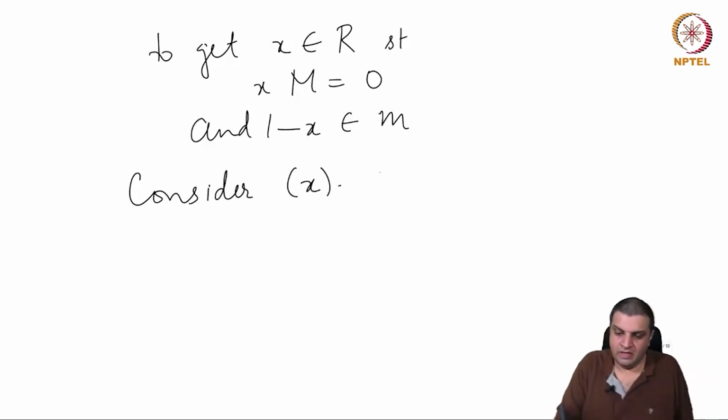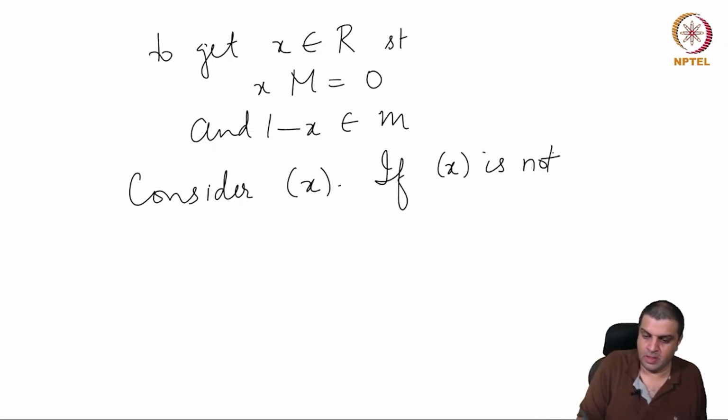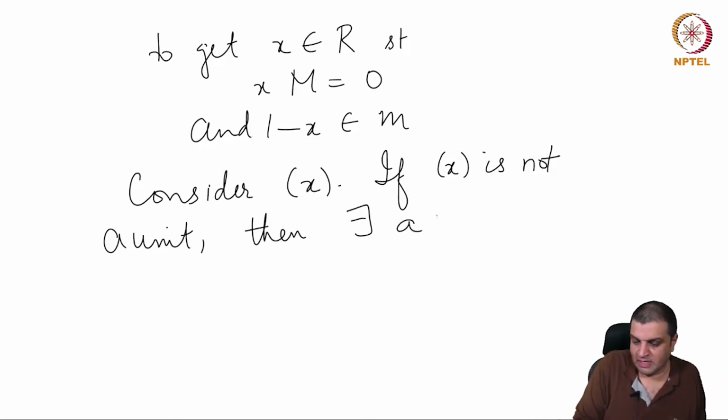Okay, if X is not a unit, then there exists a maximal ideal. I mean, then there's only one maximal ideal.